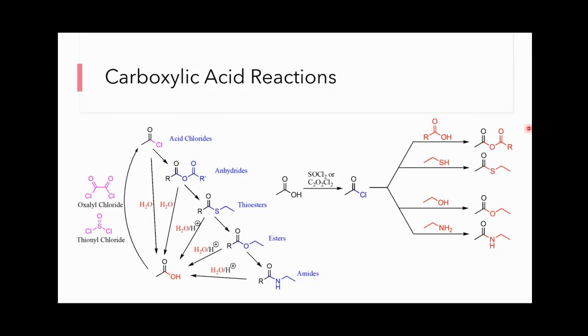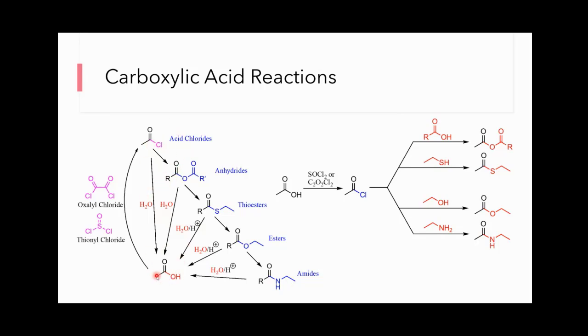So here's the overview of all the carboxylic acid reactions. Notice that we can just react all the carboxylic acid derivatives with water and acid to make a carboxylic acid.